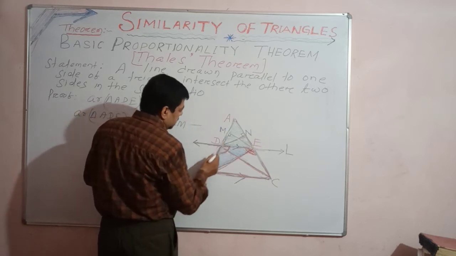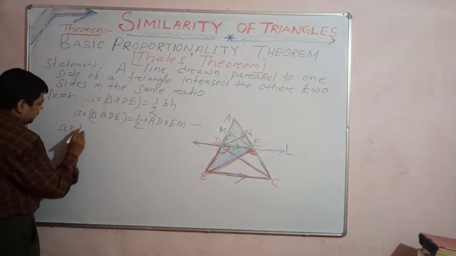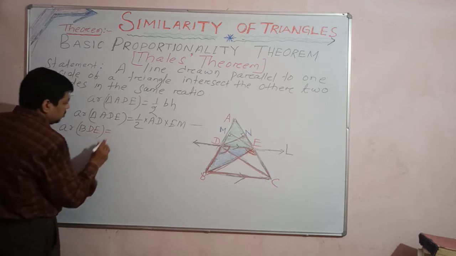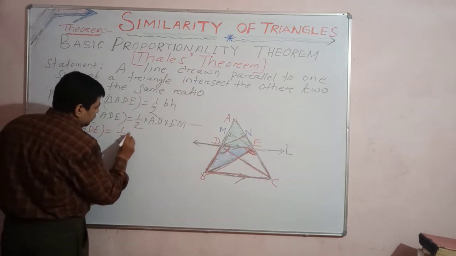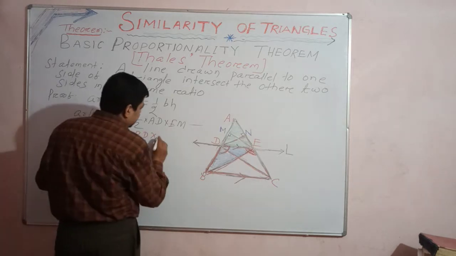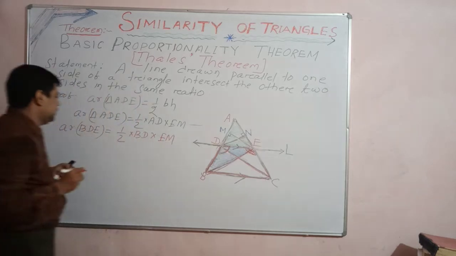BD is the base. So area of triangle BDE is equal to half into base BD into height. What is the height? EM. Height is EM, right?